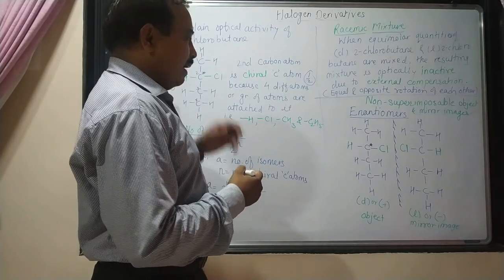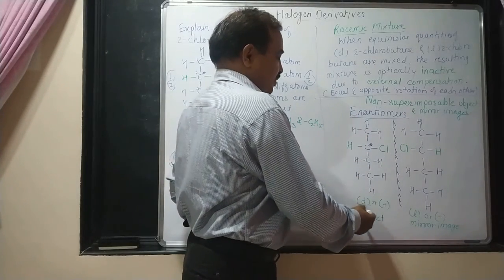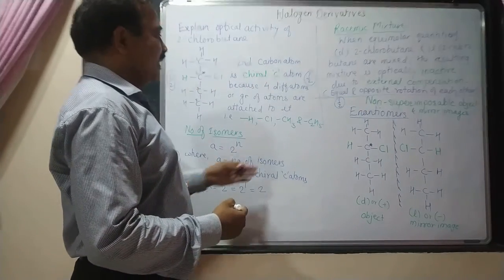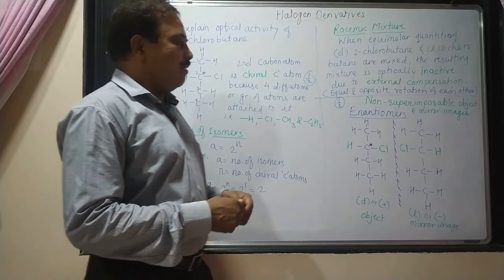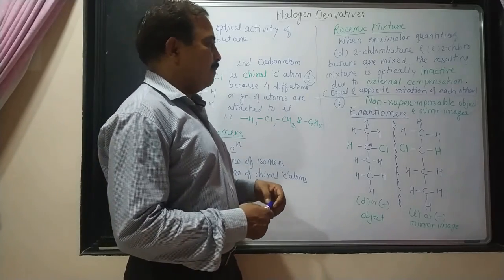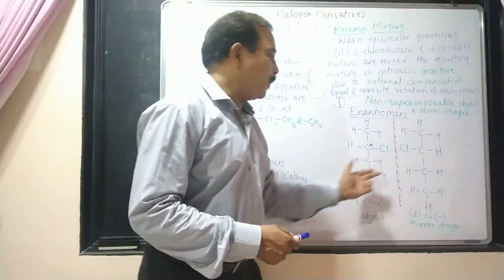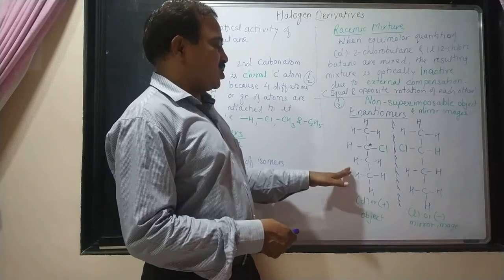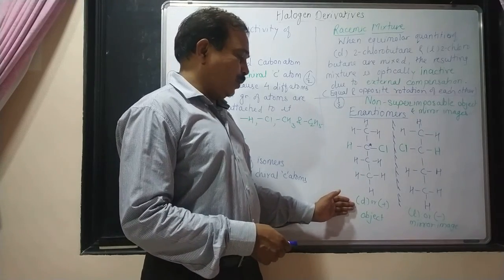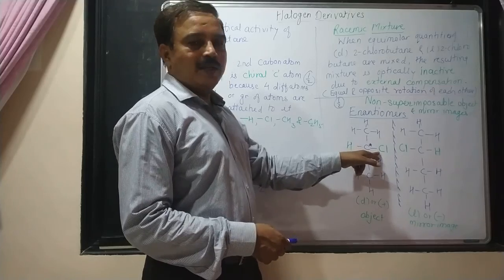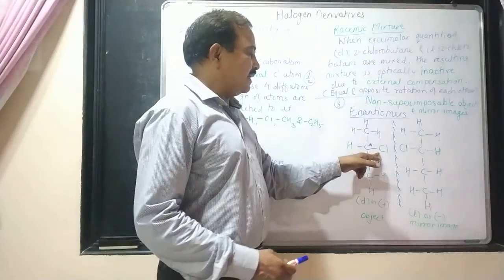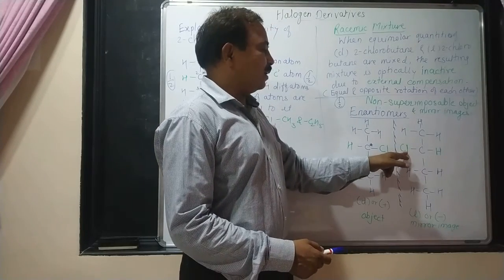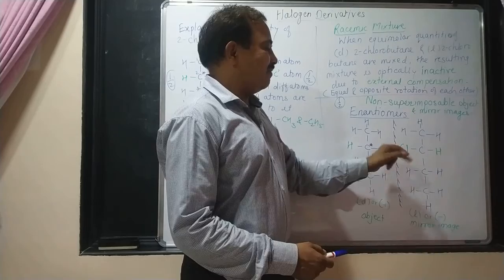For another half mark you have to explain that the object and mirror image are non-superimposable. In this way you will get 2 marks. Now for the third mark you have to explain enantiomers, and show how these 2 compounds are called enantiomers. So you will draw the structure of dextrorotatory 2-chlorobutane, where the chlorine is present on the right-hand side, and its mirror image, where the chlorine atom is shown on the left-hand side.